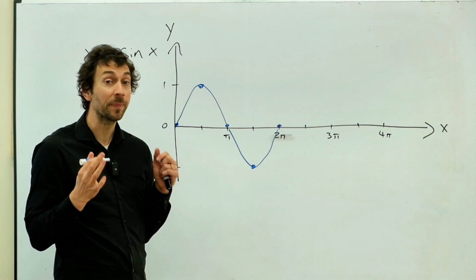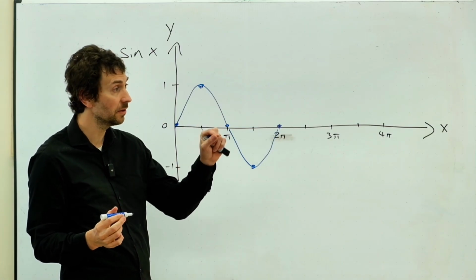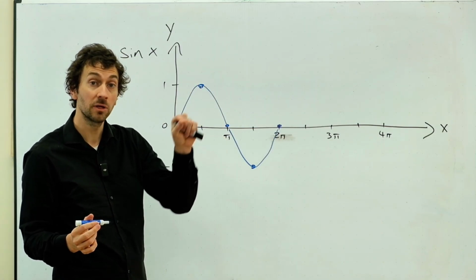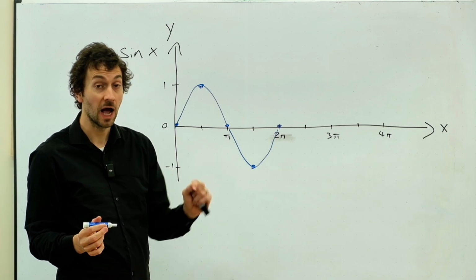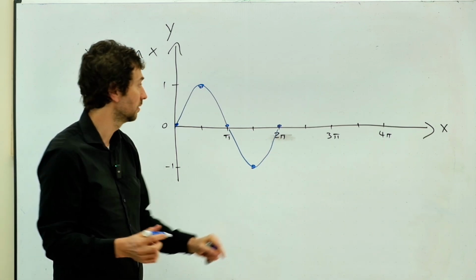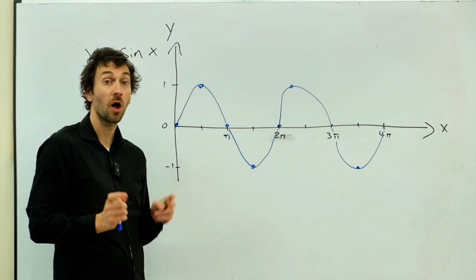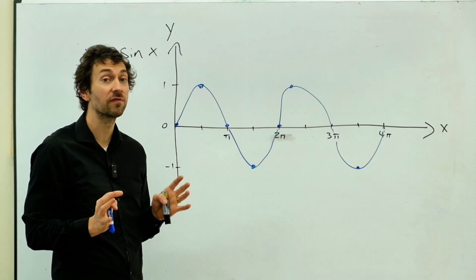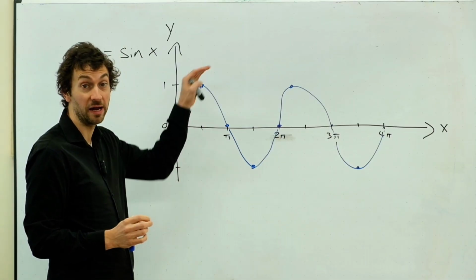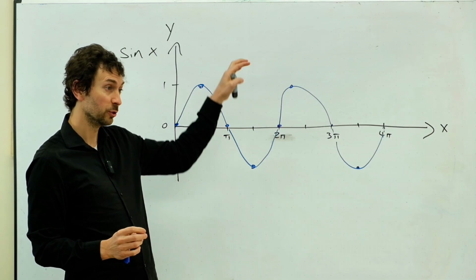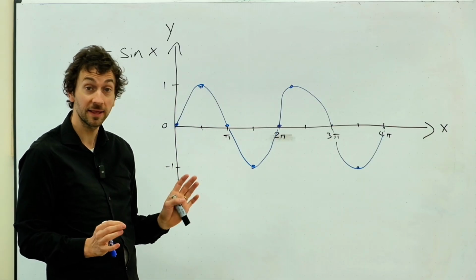And it's going to repeat after that. So it goes middle, up, middle, down, middle. I'm going to draw the next cycle. Okay, so that's what the sine graph looks like. Kind of like a wave.